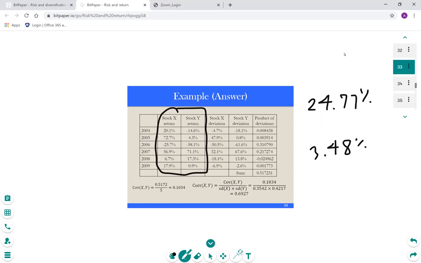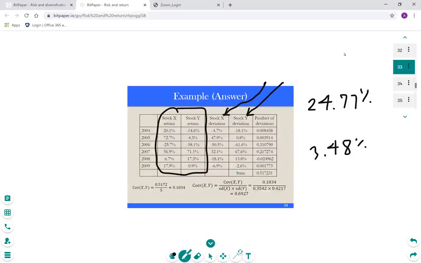So in the columns for the deviations, in this column for X and Y, these deviations are the individual yearly returns minus the mean.